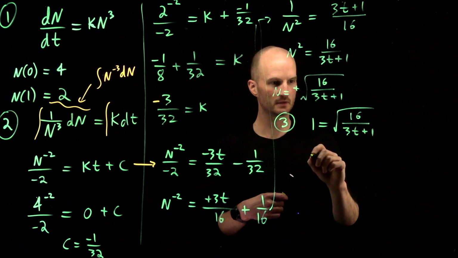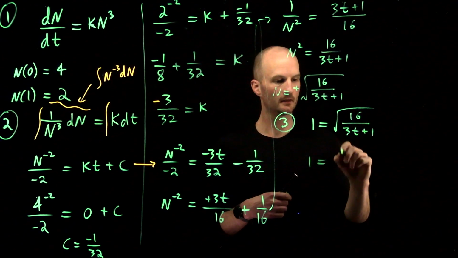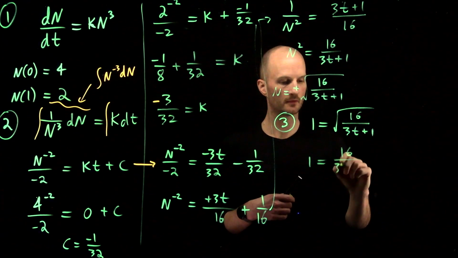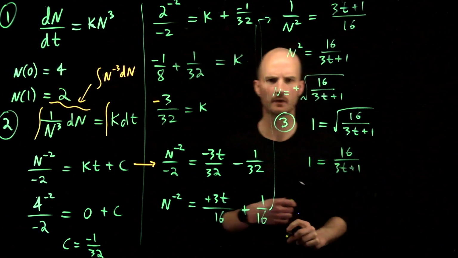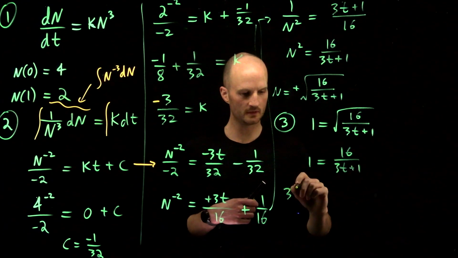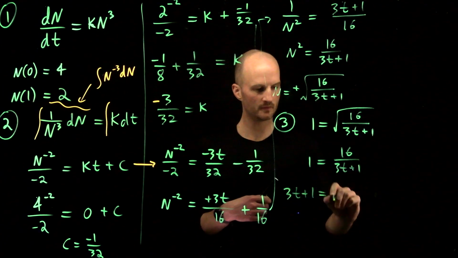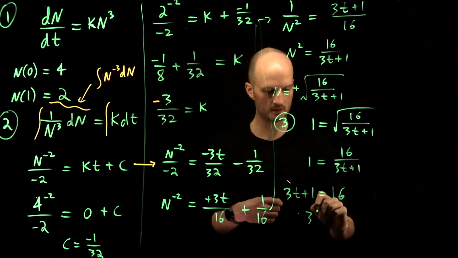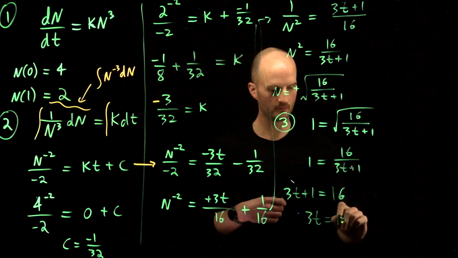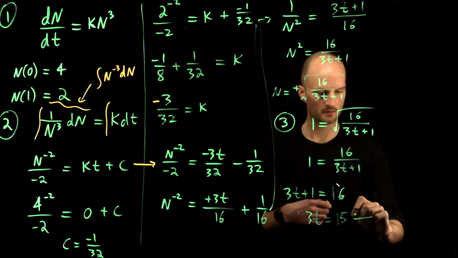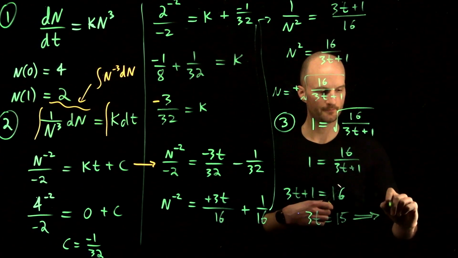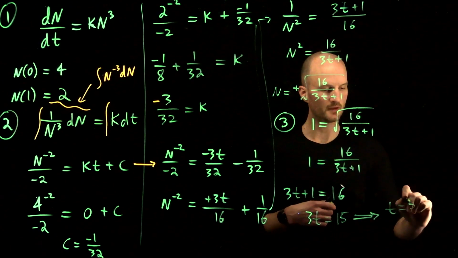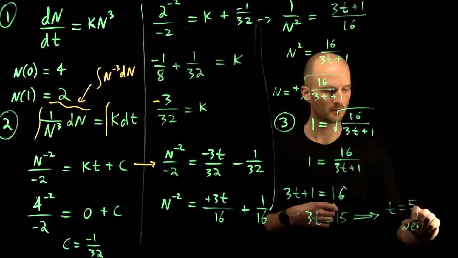Squaring both sides gives me 1 is 16 over 3t plus 1. So 3t plus 1 is 16. So 3t is 15, giving me t is 5 weeks.